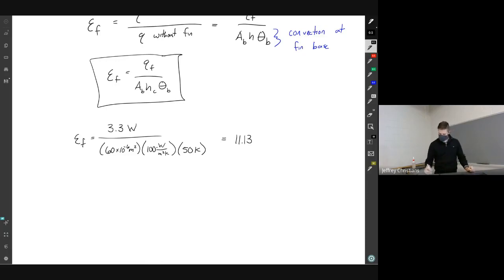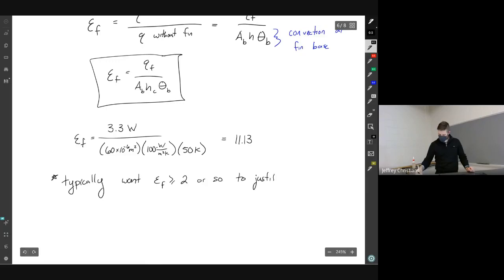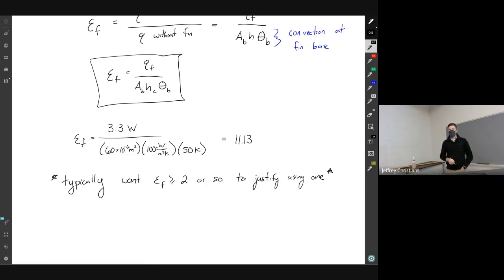Typically, just as a rule of thumb, you're not going to actually be using a fin in a design if the effectiveness isn't at least a factor of like 2.